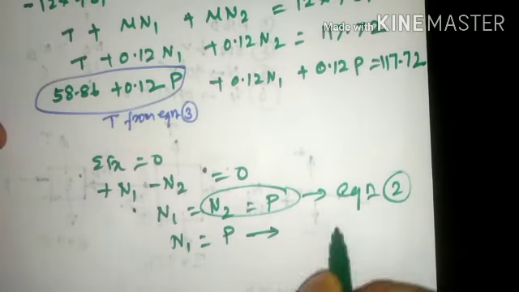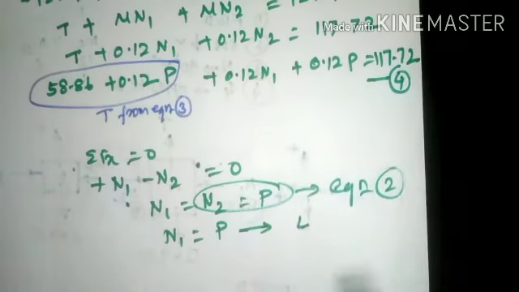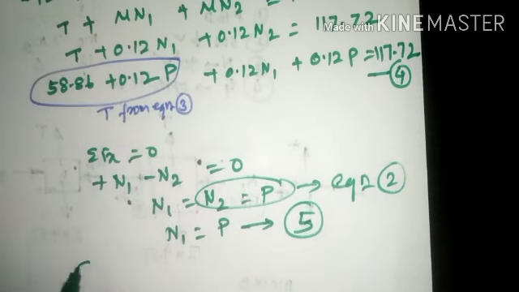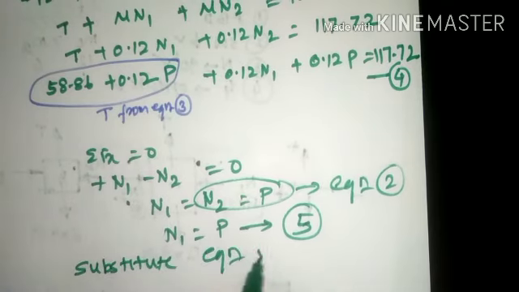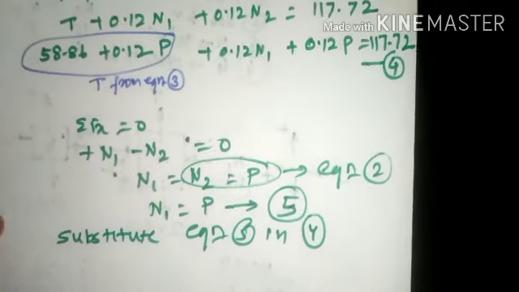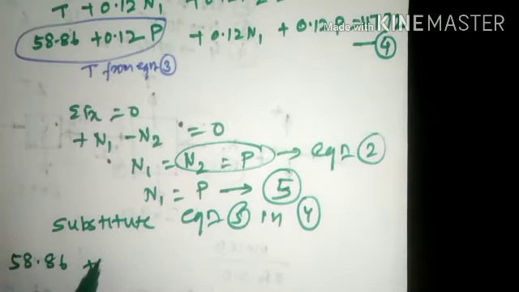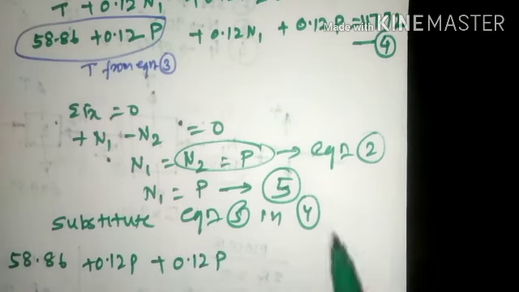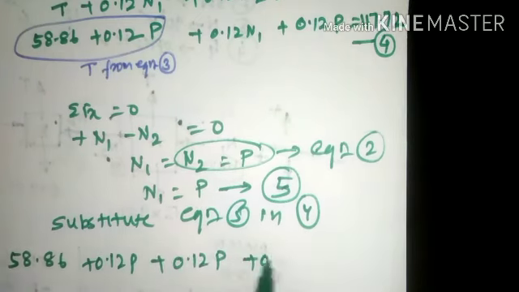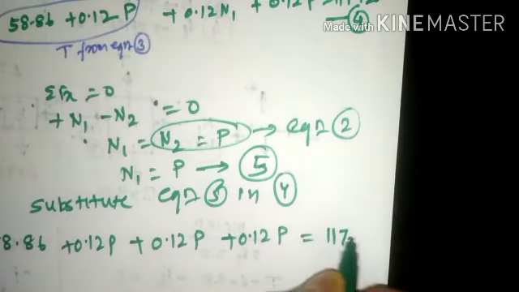This is equation 4, and this you can call equation 5. Substitute equation 5 in 4. When I substitute equation 5 in 4 and rewrite, it becomes 58.86 plus 0.12 times P plus 0.12 times P, N1 is again P, plus 0.12 times P is equal to 117.72.